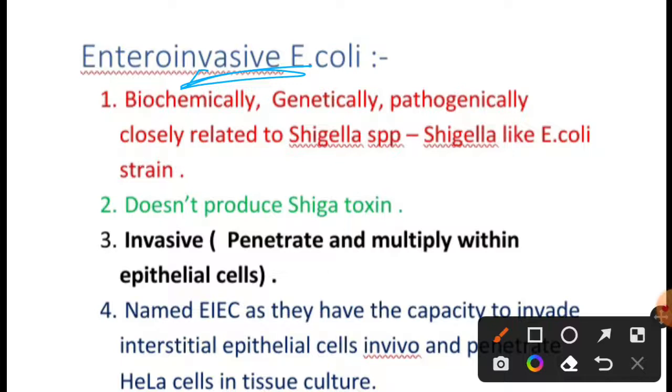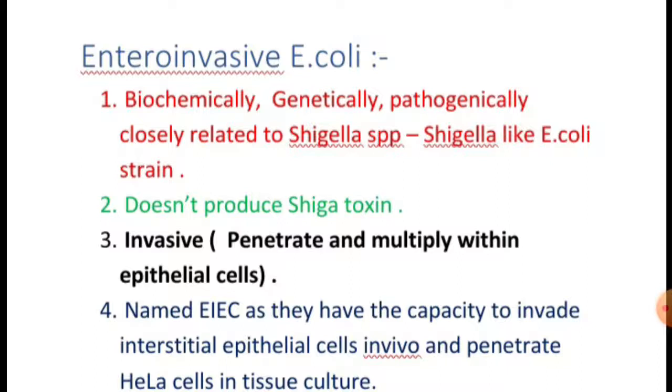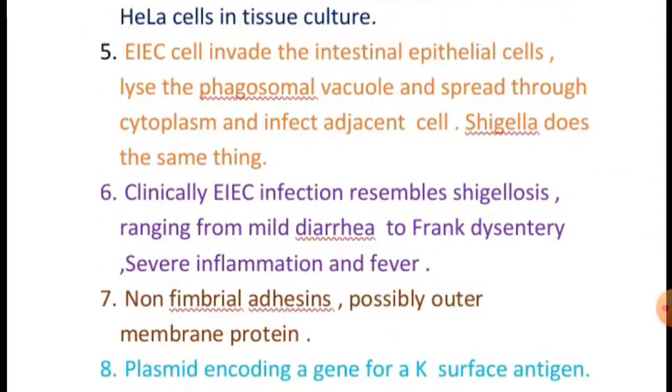Upon invasion they lyse the phagosomal vacuole, spread through the cytoplasm and infect adjacent cells. That is their mode of action, and it ultimately causes mild diarrhea to frank dysentery, severe fever and other inflammations.